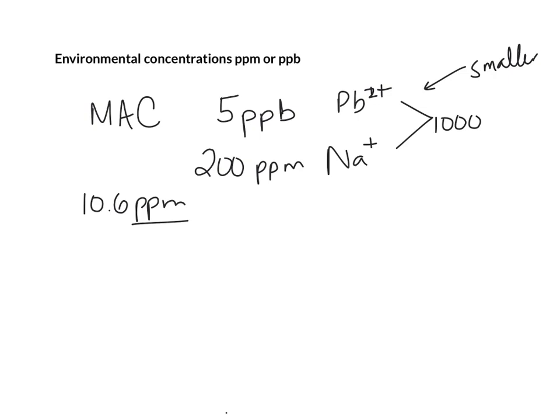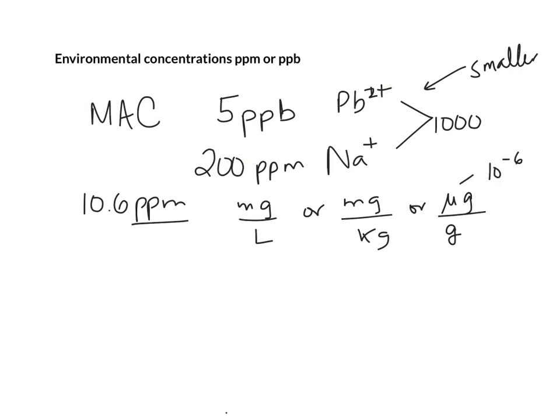Parts per million can be rewritten as milligram per liter, or milligram per kilogram, or microgram per gram. Microgram is one millionth of a gram, and we don't use that one very much at all.